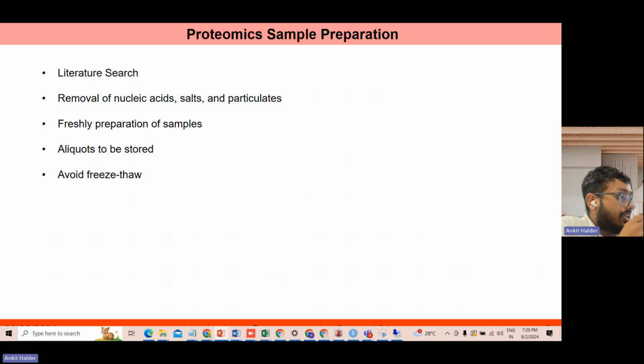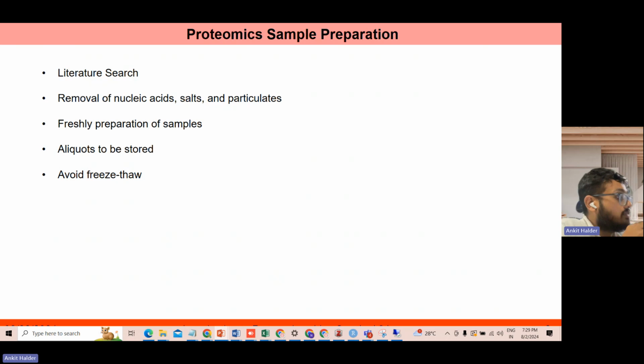Or for example, if you take archaebacteria, which have other compositions and features rather than normal cells, then you need to understand how to break those and how to deal with those interfering agents, and then take it forward.